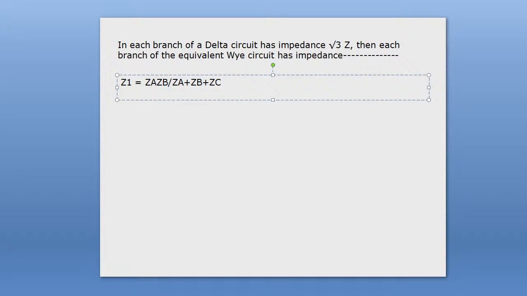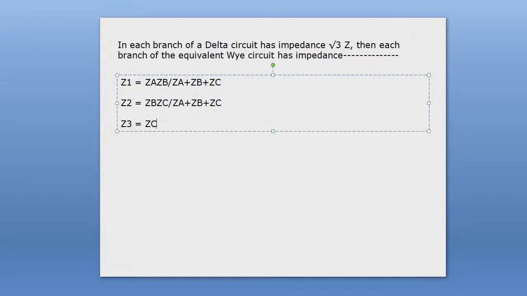Now the expression for Z2: Z2 equals ZB times ZC divided by ZA plus ZB plus ZC. Similarly, Z3 equals ZC times ZA divided by ZA plus ZB plus ZC.